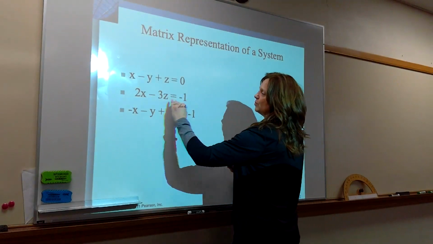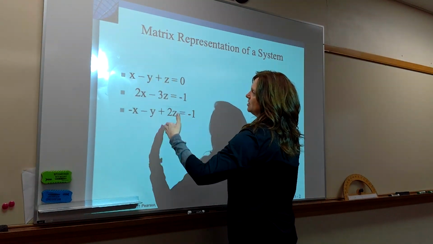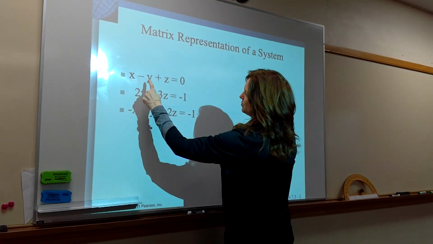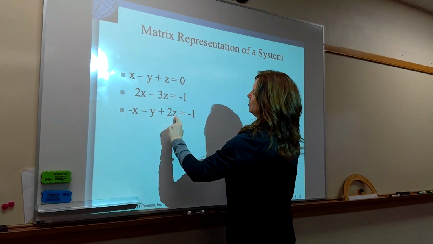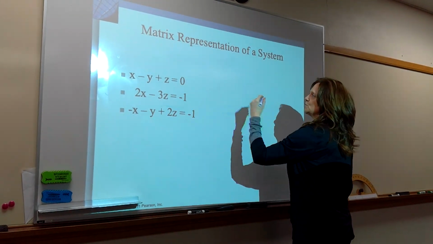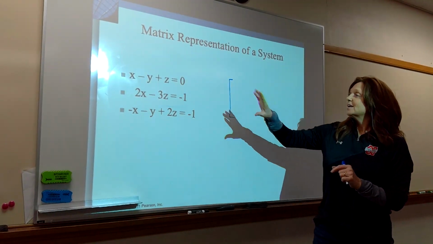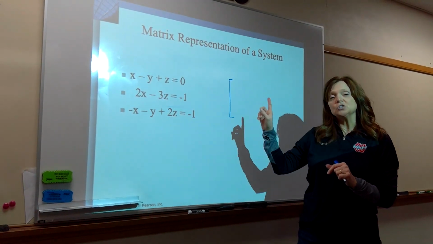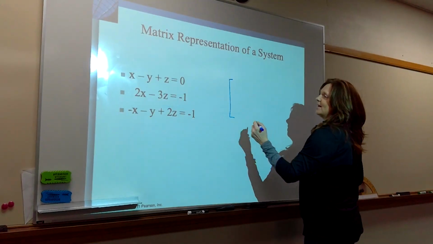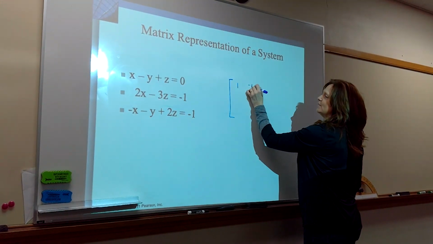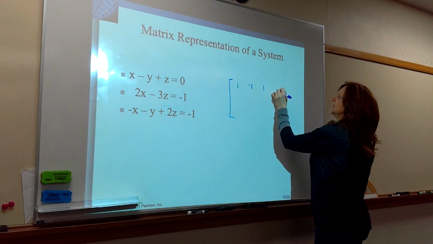We have 3 rows, and here are my y's, 2, 3, 4 columns, right? So if I'm going to put those 3 equations into a matrix, we're just going to keep everything lined up. I have 1x, negative 1y, 1z equal to 0.